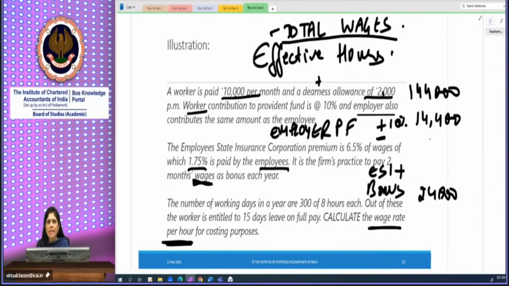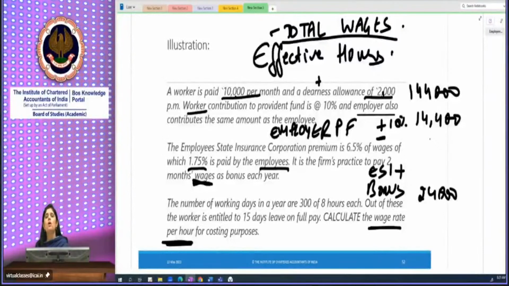If nothing is mentioned in the question, you can add PF on basic and DA. But in some questions, it's categorically mentioned that PF is to be calculated on basic wages. If it's given like that, you calculate on basic wages. But if nothing is given, you can calculate PF or ESI contribution on basic plus DA. In this question, nothing is mentioned, so we have taken basic and DA.